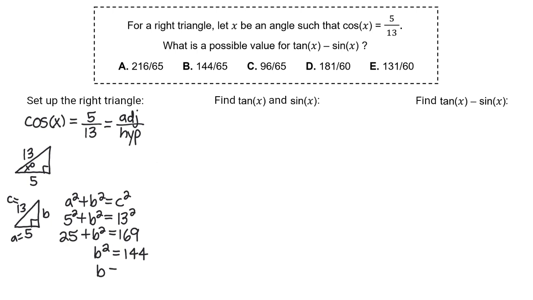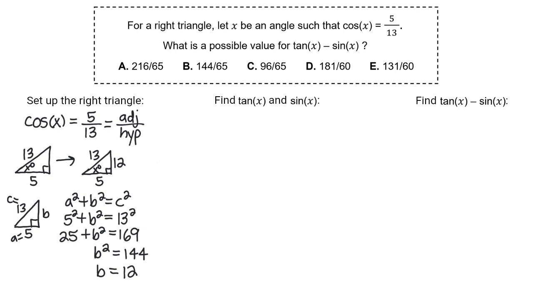And finishing solving that, you're going to end up with b equaling 12. So it looks like that missing side is going to be 12. And now we can use all 3 sides of the right triangle to find tangent and sine.